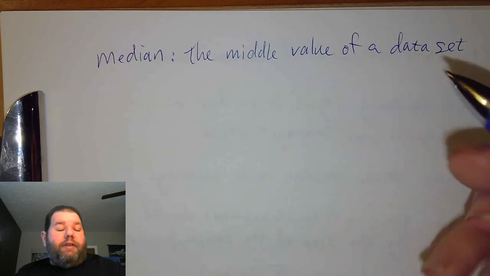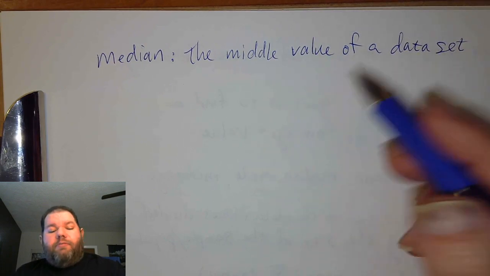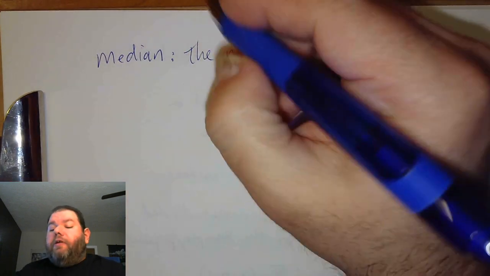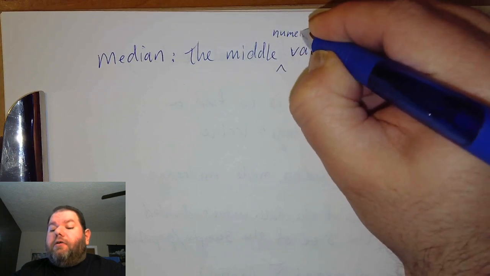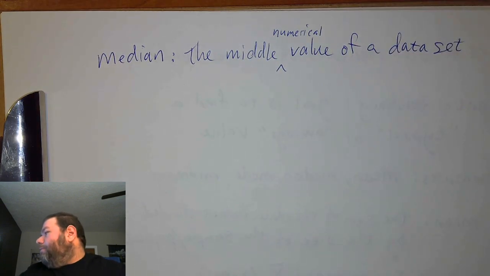And it's implied that the data set is arranged in order from low to high. So the middle value is the middle numerical value. That's what we're talking about. I might add that in.